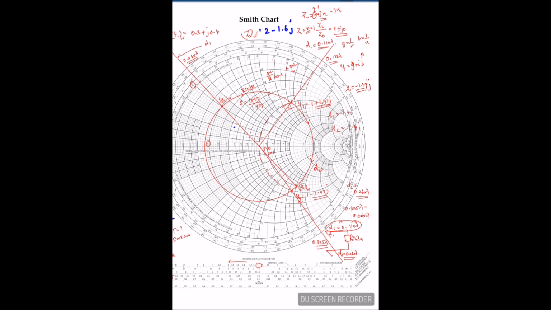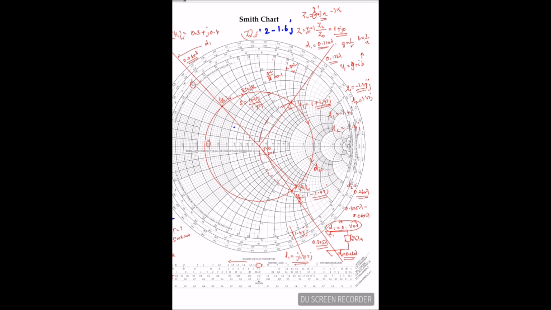So here I have to mark this point closely, between 1.4 and 1.5. This is my minus 1.4 j. This is my L1. I'll put one straight line to make sure of the wavelength at that reactance. This is my L1, that is minus j 1.47. Similarly I mark L2, that is plus 1.47 j.